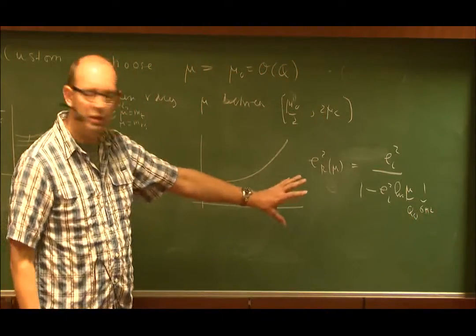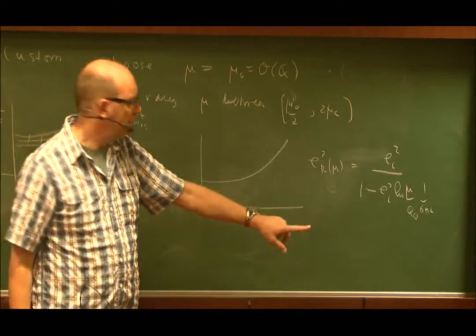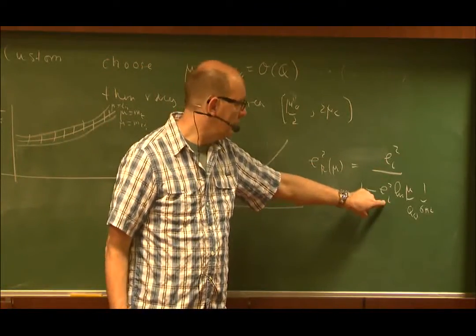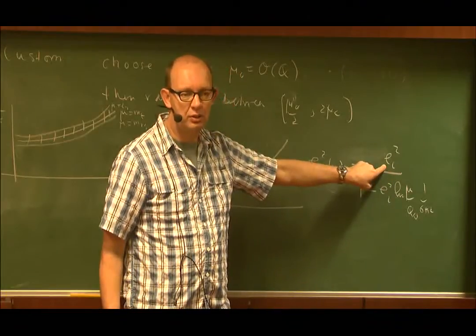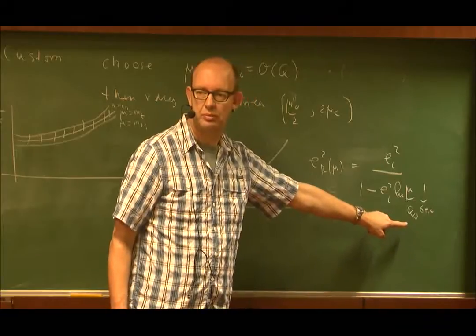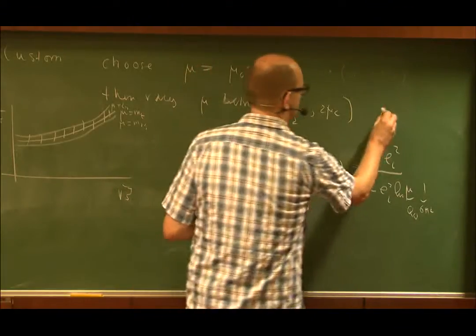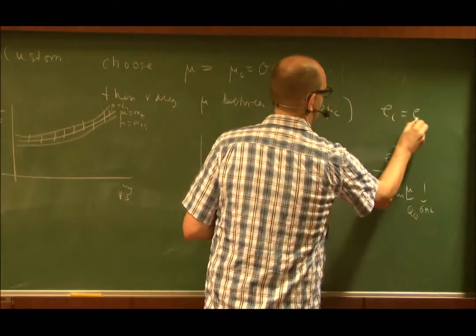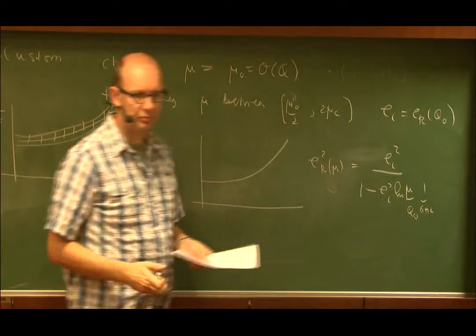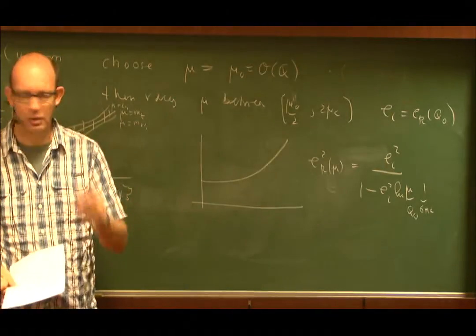This is actually a resummation, because this right-hand expression is all orders in the coupling e_i. That is the renormalized electromagnetic coupling at the low scale Q0. So e_i initial is e_R evaluated at Q0, the initial point of evaluation.